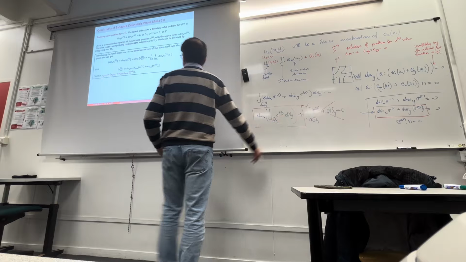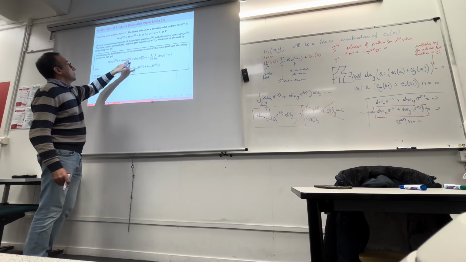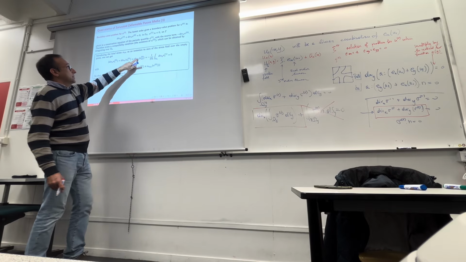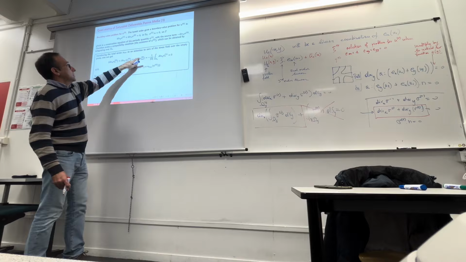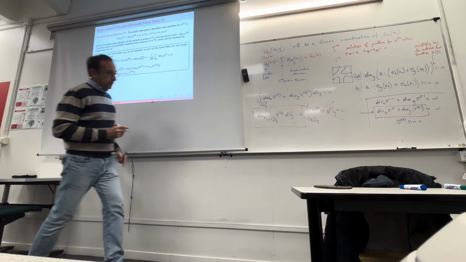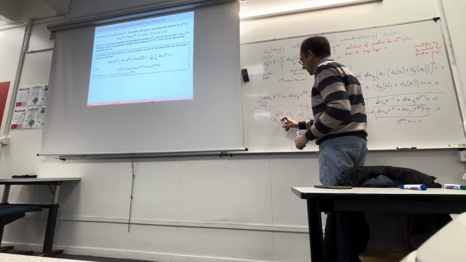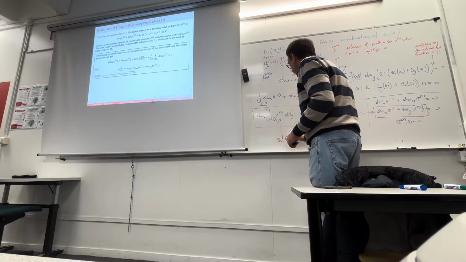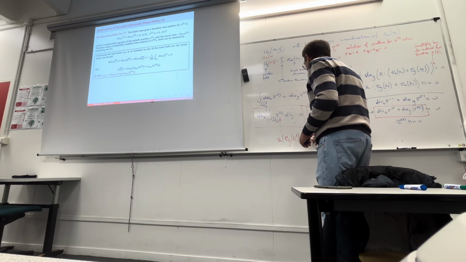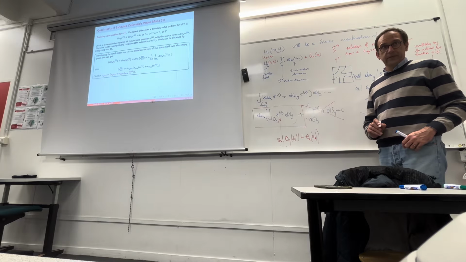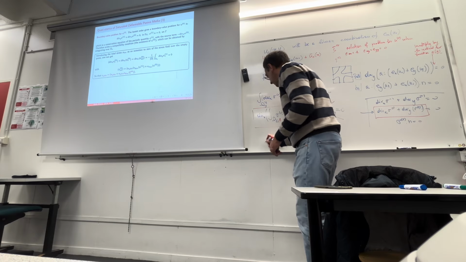You call this the sigma, the macroscopic stress. These brackets mean average. And this sigma naught is what? It is A of ey of u1 plus ex of u naught.